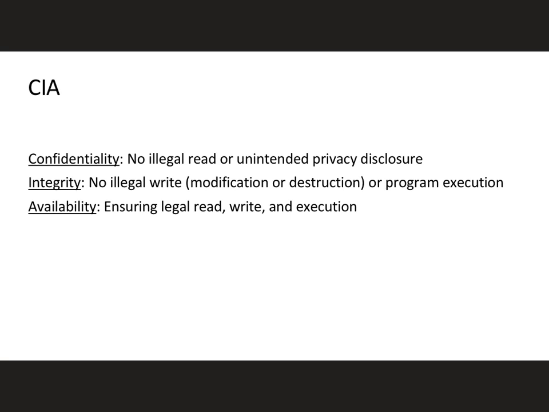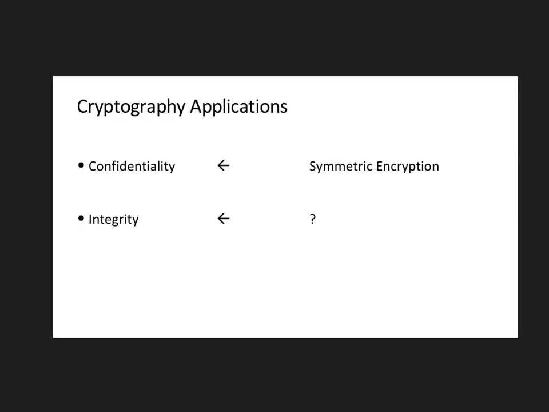If you look back at what we have learned in previous lectures, we know the CIA security objectives, and we know those crypto systems. So have you tried to connect them together? What is the relationship between those security objectives and those encryption methods? Let's see these two security objectives first: confidentiality and integrity.